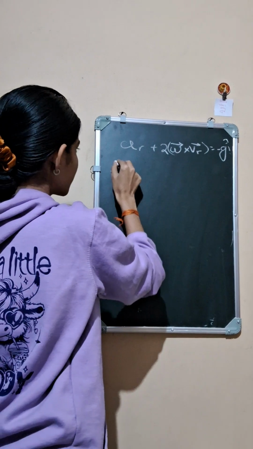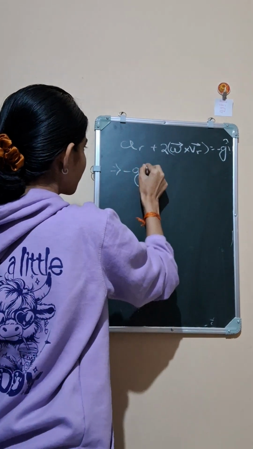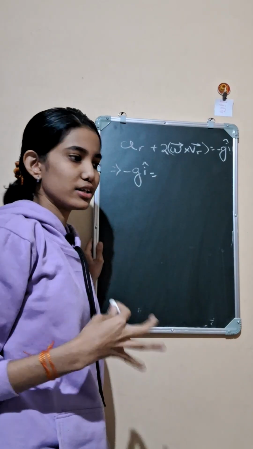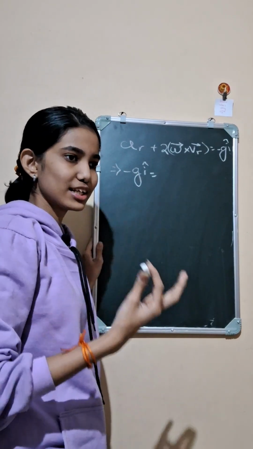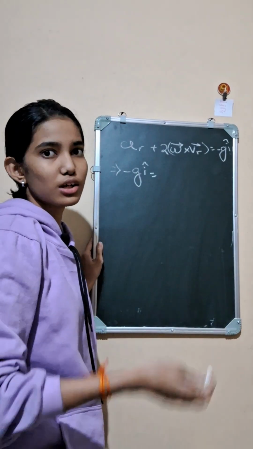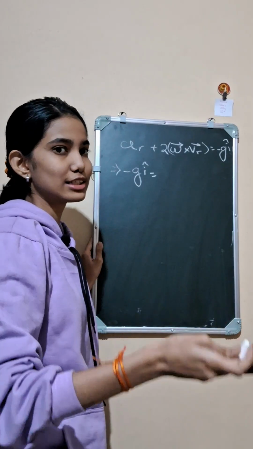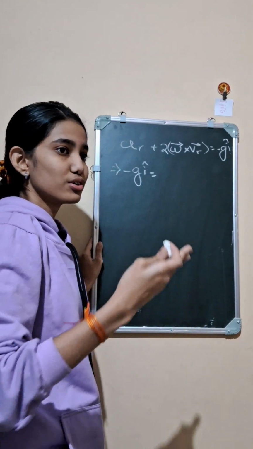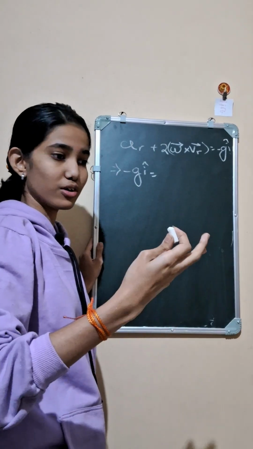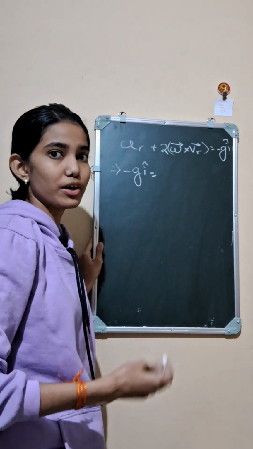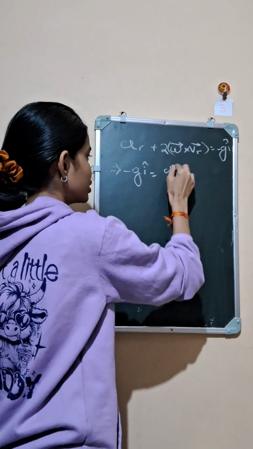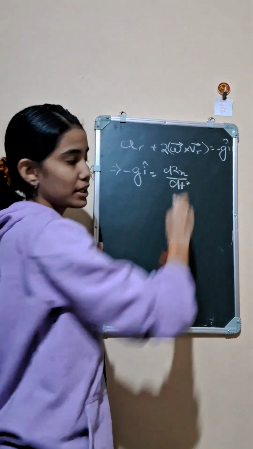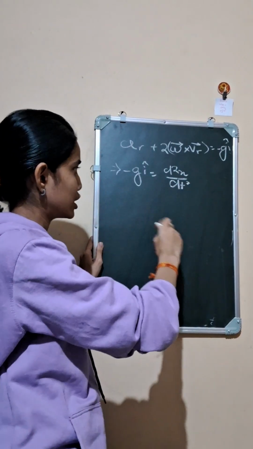So now we can say that minus g i cap is equal to AR. Let us break the acceleration into 3 components, obviously along x, y and z axis. So we will get the double derivative of change in position, that is d2x by dt square. We know that the double derivative of position vector is acceleration.